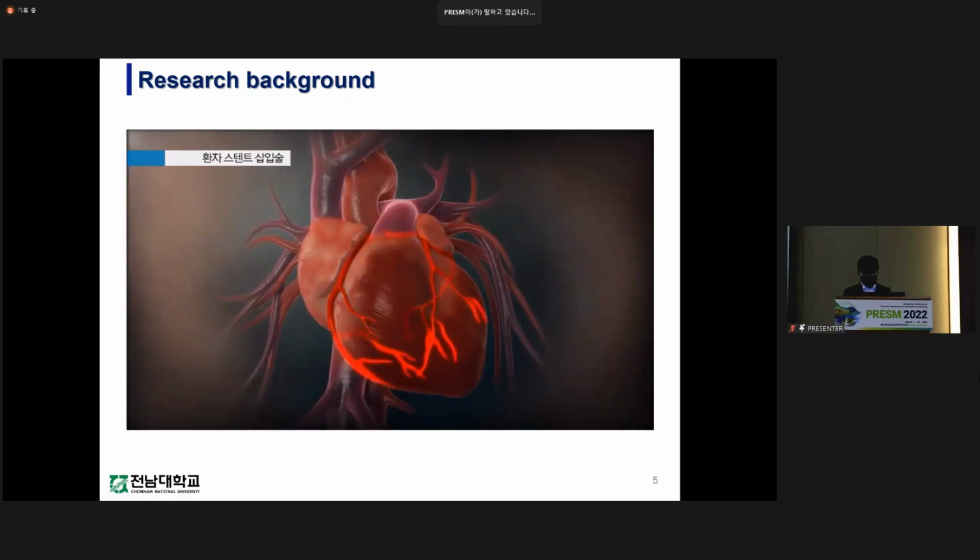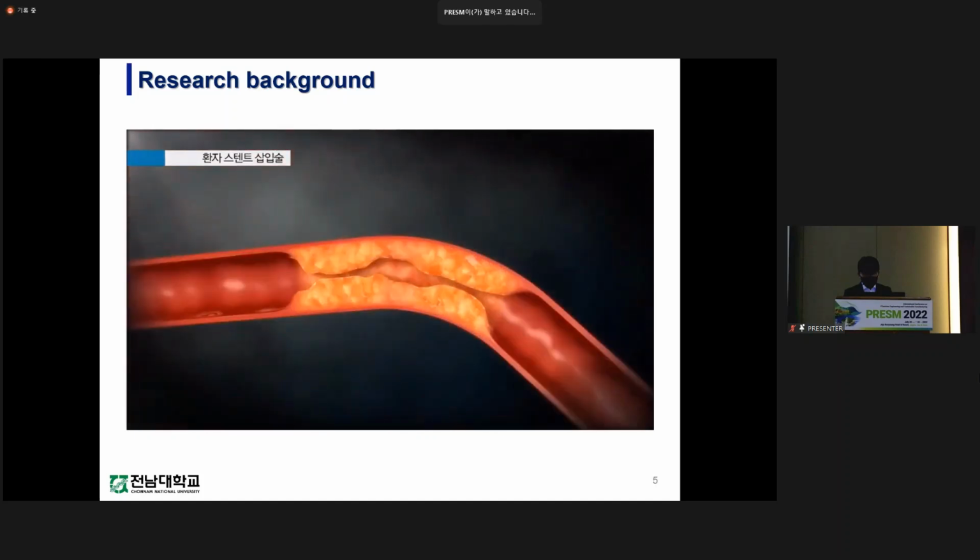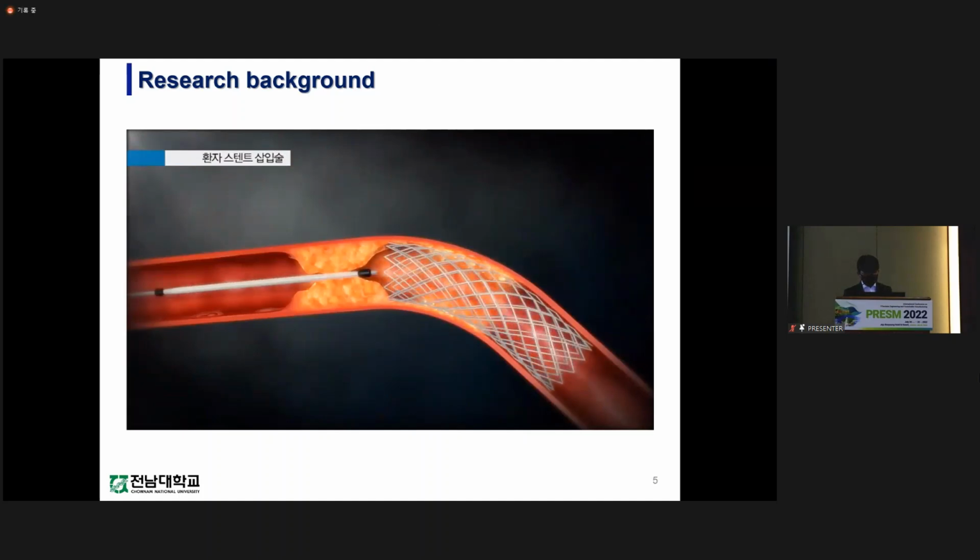Stent insertion has the advantage of being able to operate in a simpler way than surgery and restoring blood flow, as shown in the following video.